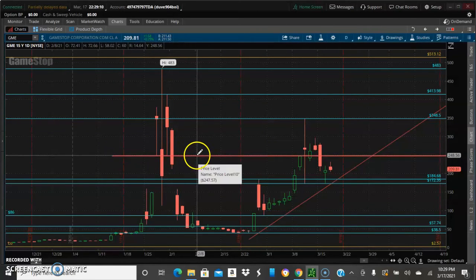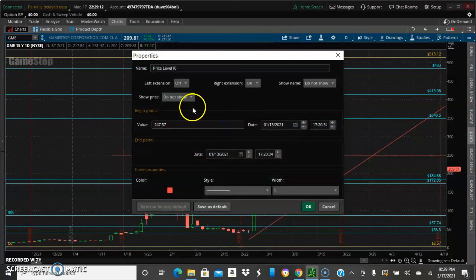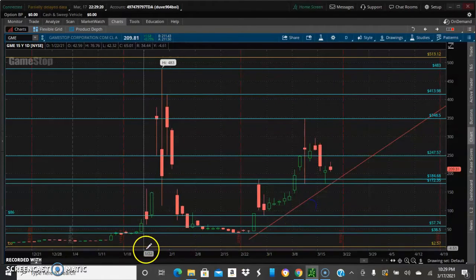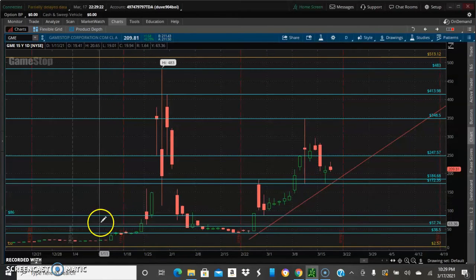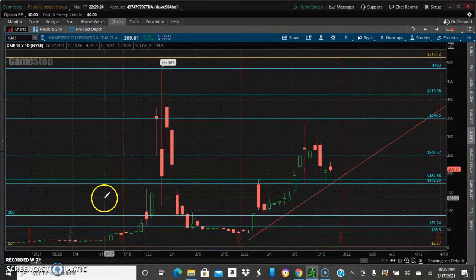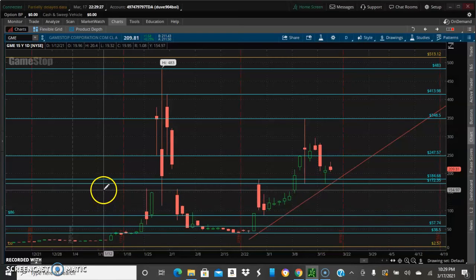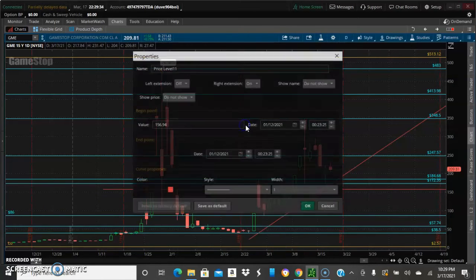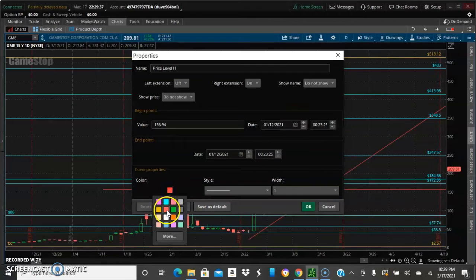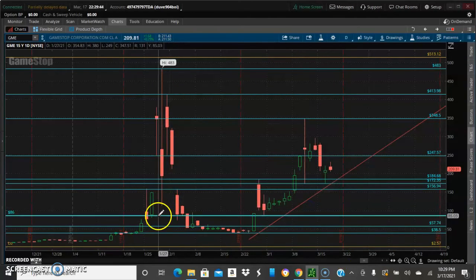We'll take that. All right, we got a double tap here as well. Real tight in that gap area.